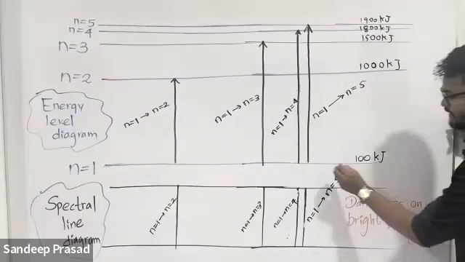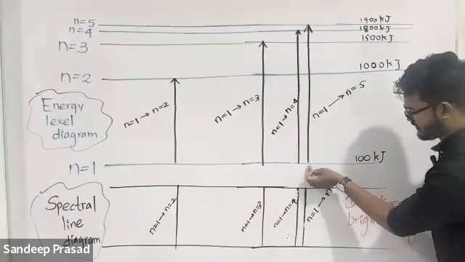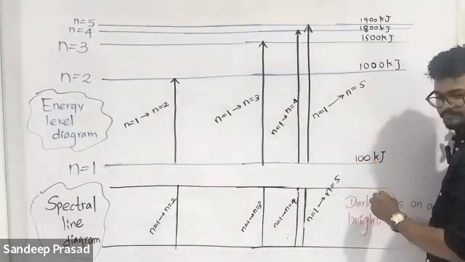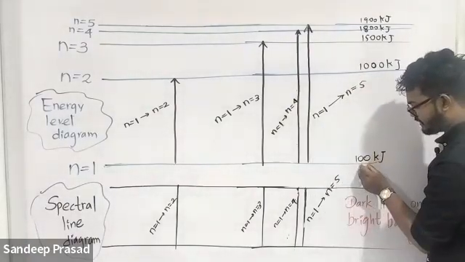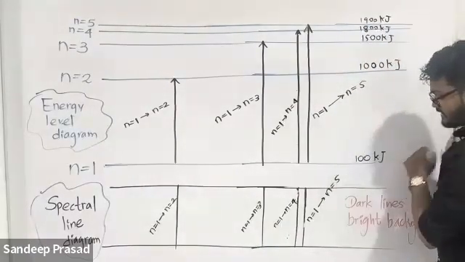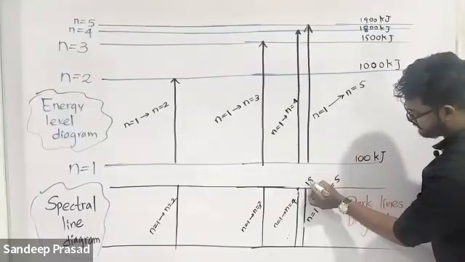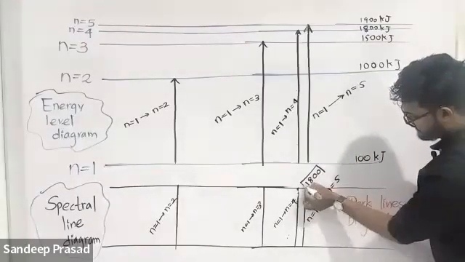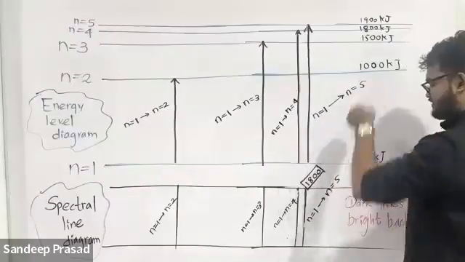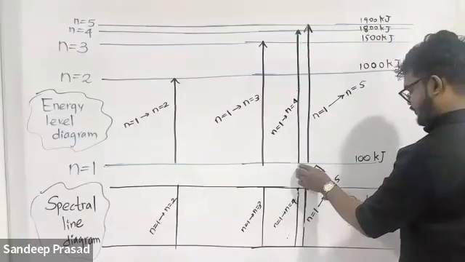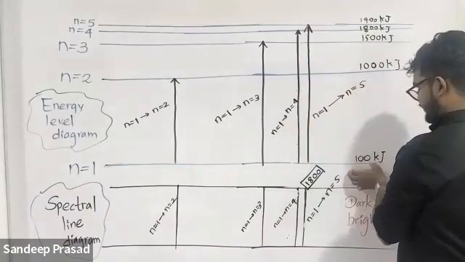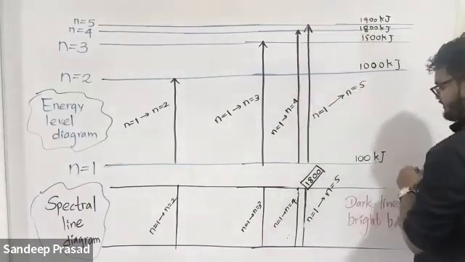When the electron transfers from the first energy level to the fifth principal energy level, the energy gap is from 100 to 1900. What is the difference? The difference is 1800. Now look at the second transition, from the first principal energy level to the fourth principal energy level. What is the gap? 100 to 1800. Then what is the difference?